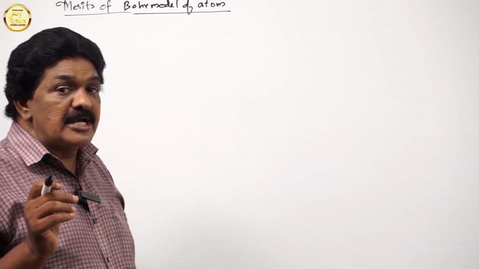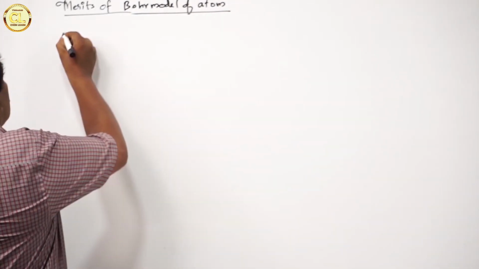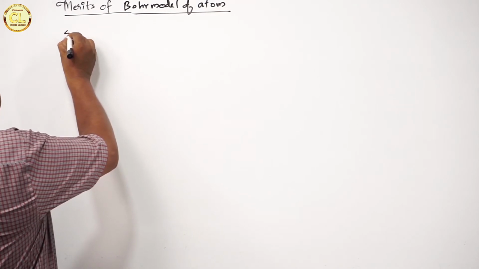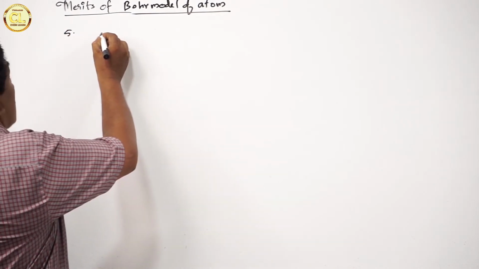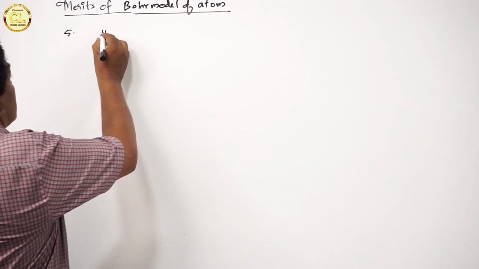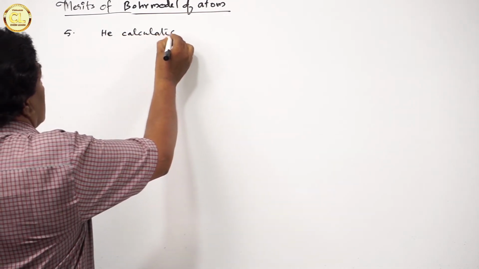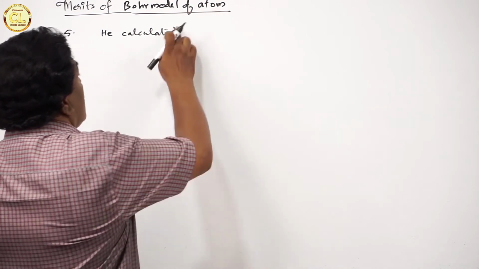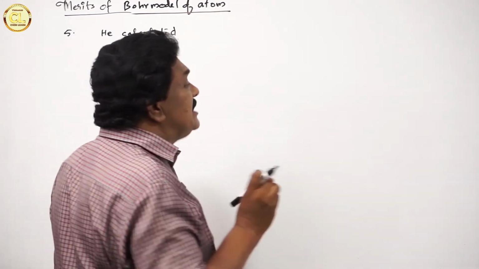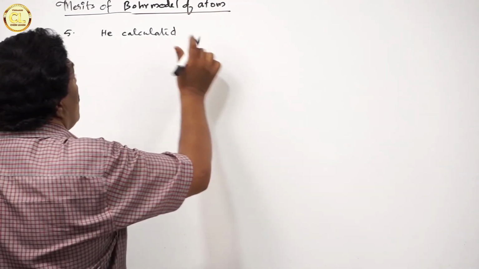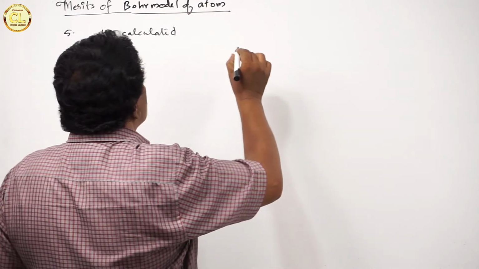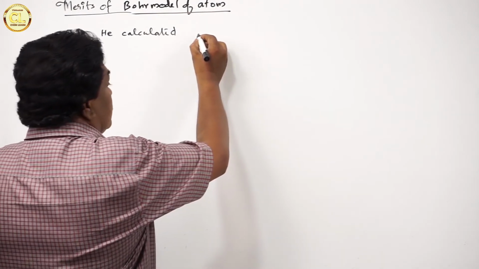Merits of Bohr model continues. Fifth point, he could calculate the radius of Bohr orbit, that is, the radius of orbit of hydrogen atom.